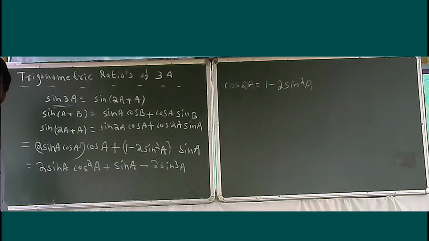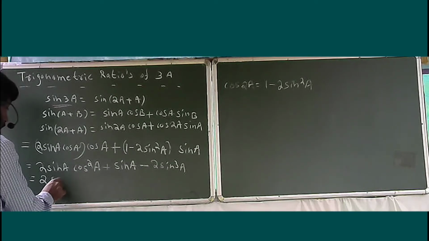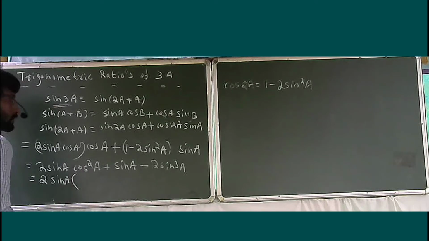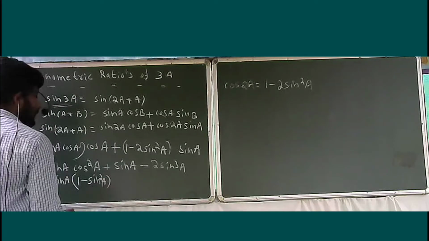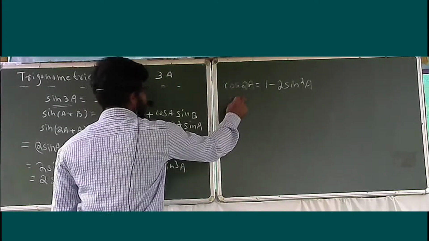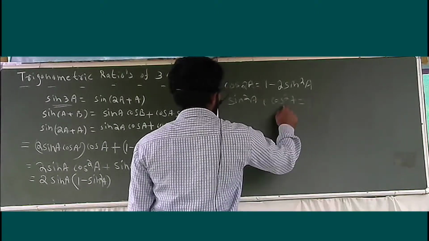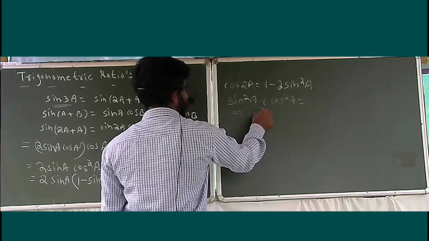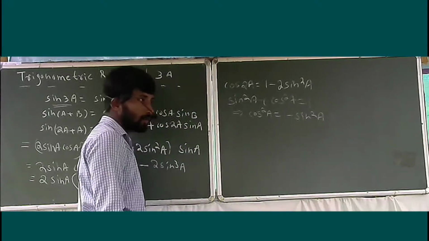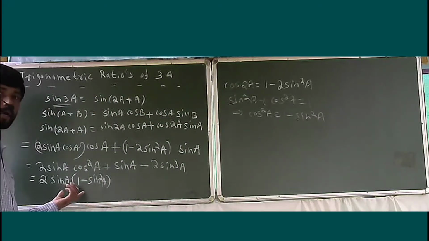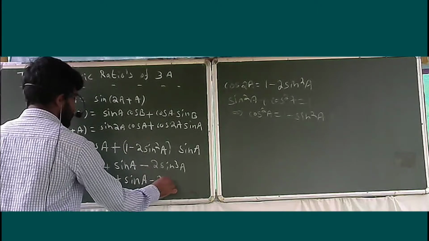So here cos square A is there, I'm writing cos square A as 1 minus sine square A. It's a trigonometric identity, right? Sine square A plus cos square A equal to 1. How to write cos square A? Cos square A is equal to 1 minus sine square A, right? So cos square A can be written as 1 minus sine square A, plus sine A minus 2 sine cube A.